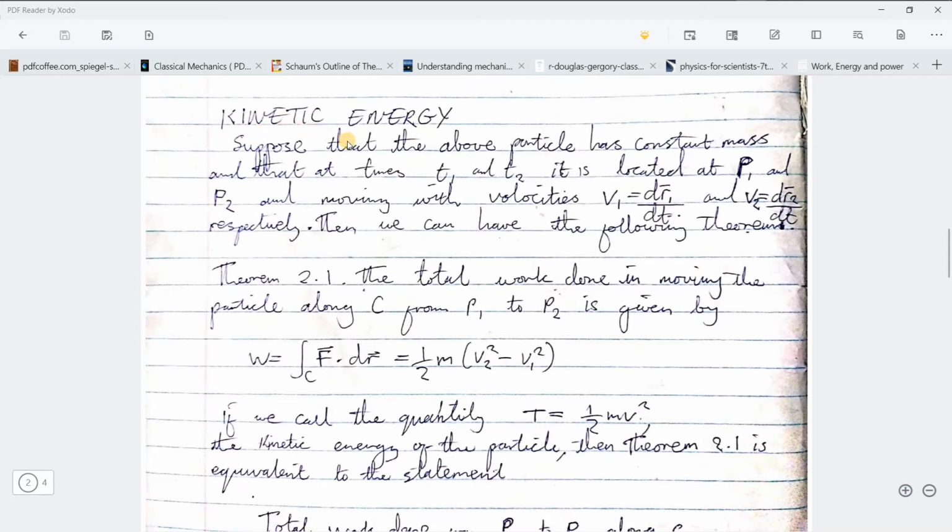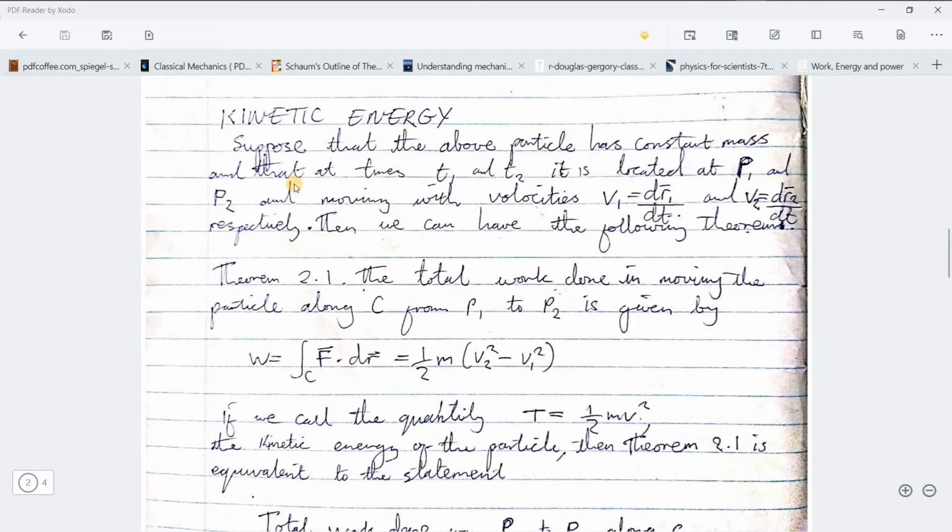Kinetic energy, as we all know, in first year we learned that kinetic energy is just the energy possessed by a moving object. Yes, that is the energy possessed by a moving object, is called kinetic energy.